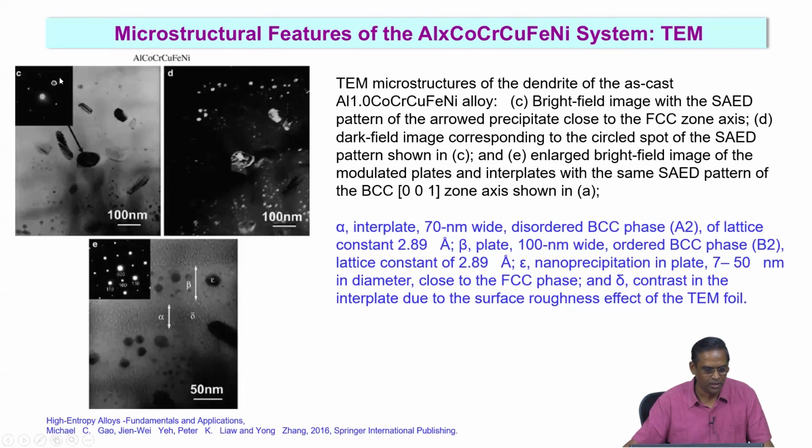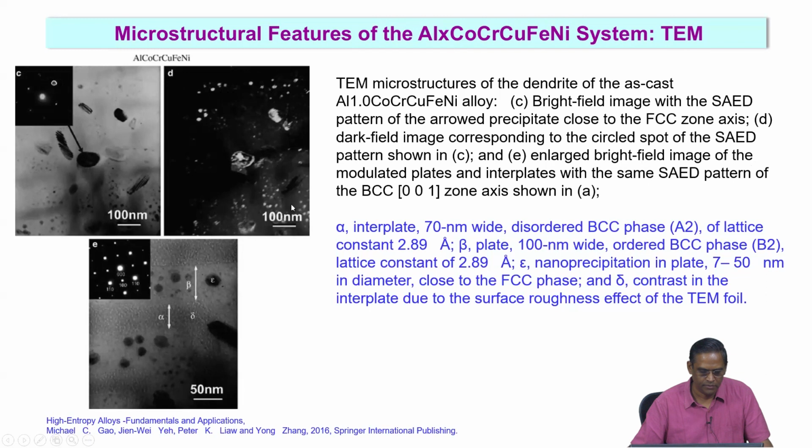So the dark field is produced by this diffracted spot, and then you see a lot of features inside these small white domains, okay.